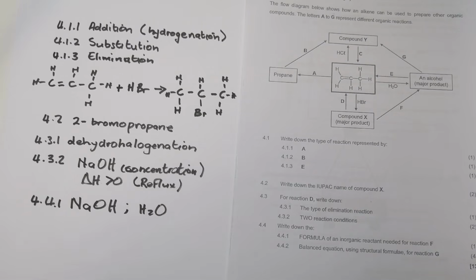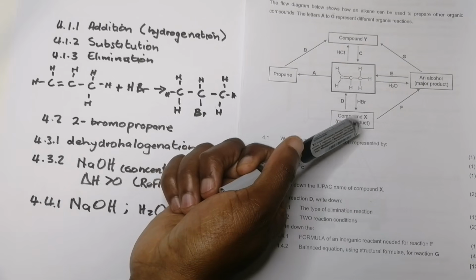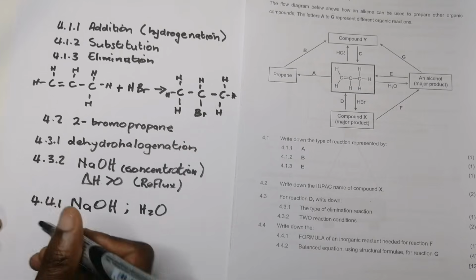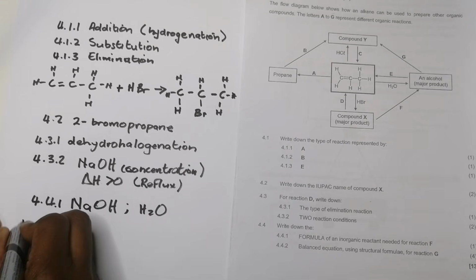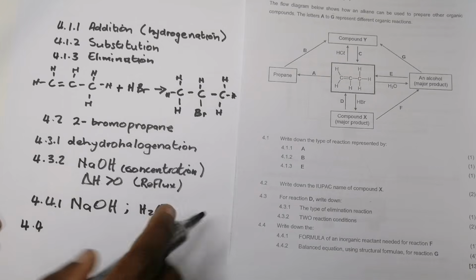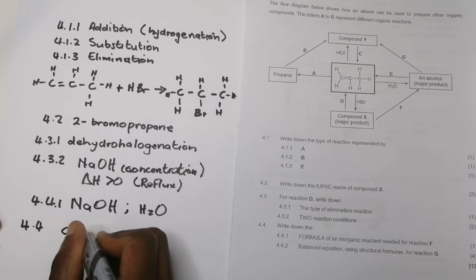Because what we would have done is eliminated that bromide on carbon number 2 and replaced it with OH, for the alcohol. So let's write down the first reactant, using structural formulae.